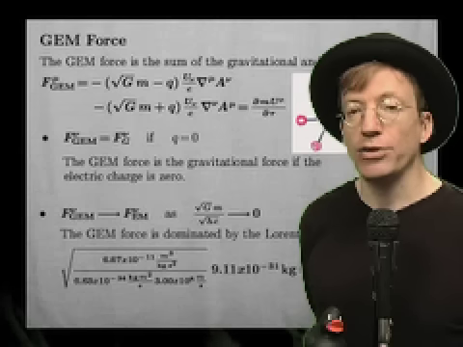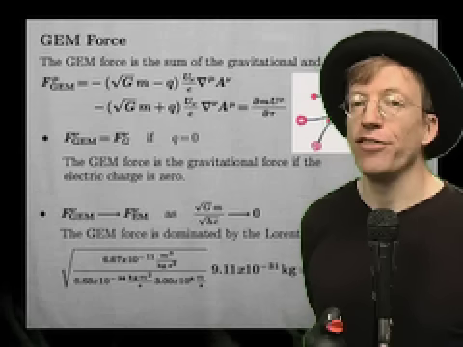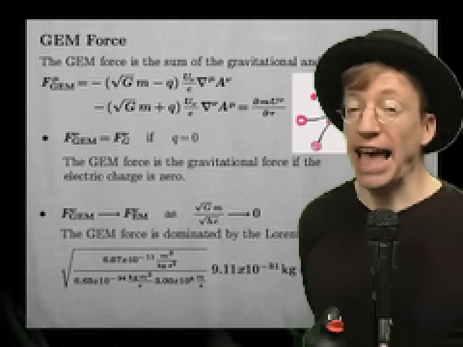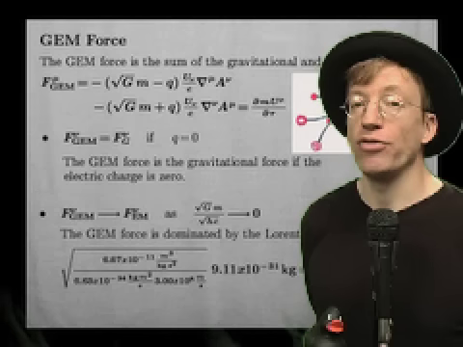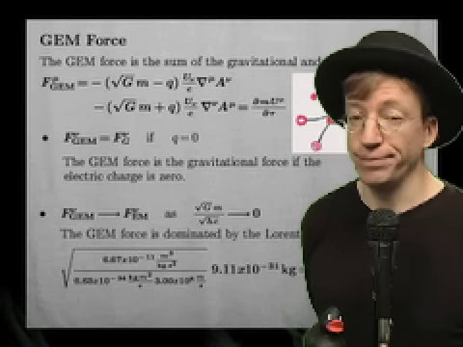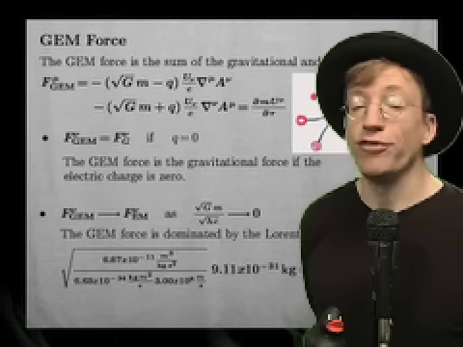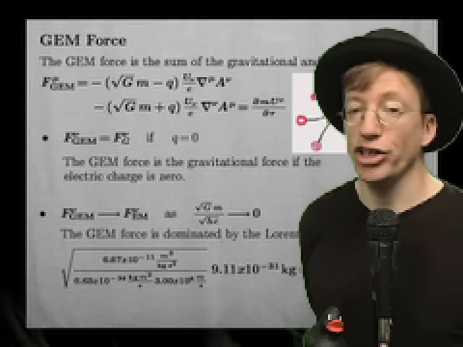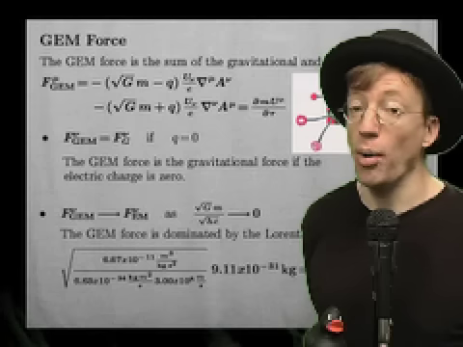We can imagine what it will be like if there is no electric charge. Then we get back exactly the force law for gravity. But for the EM, you never have an electric charge that has absolutely no mass.